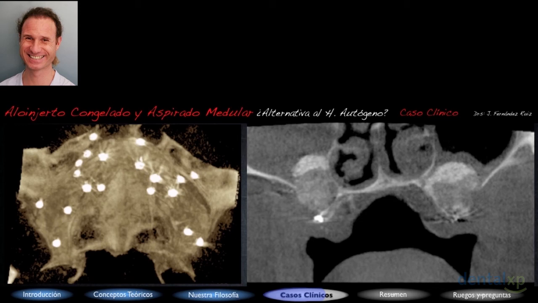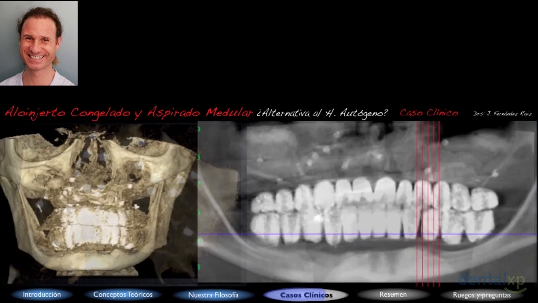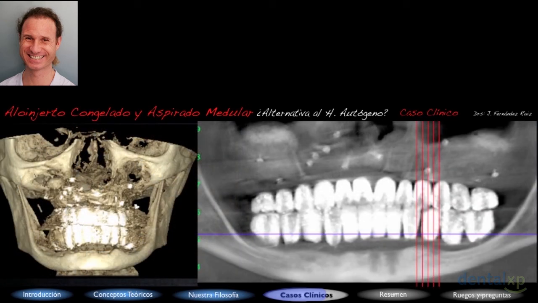This is a time of surgery. You can observe how on the image on the right, both maxillary sinuses are very well and are perfectly pneumaticized and moved to the new position.